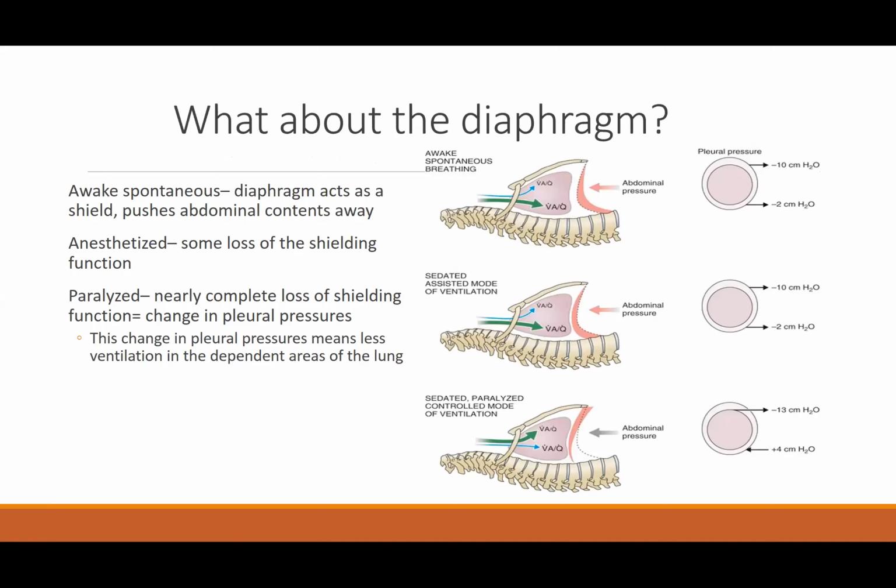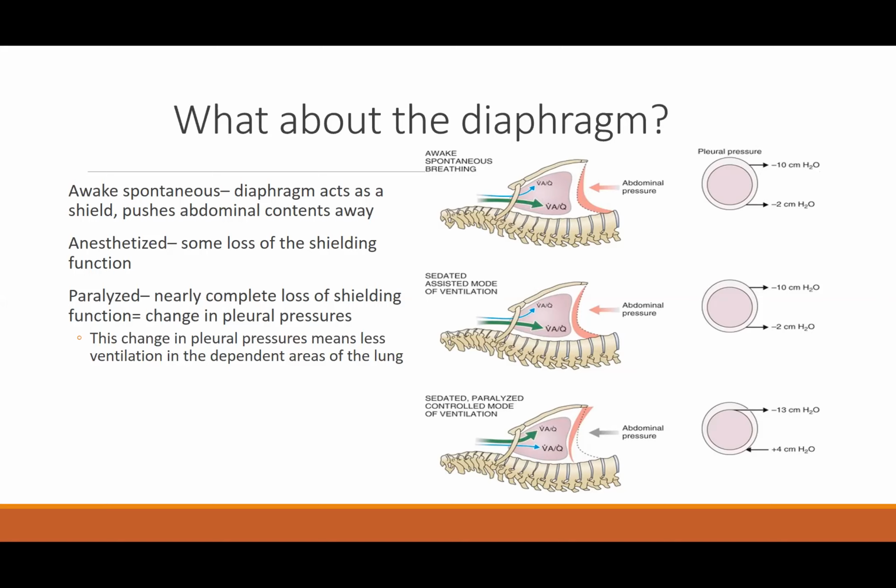Okay, so I want to take a quick look at sedation and paralytics for these individuals. And the study that supports the information on this slide was not done in patients with ARDS, just as a disclaimer.